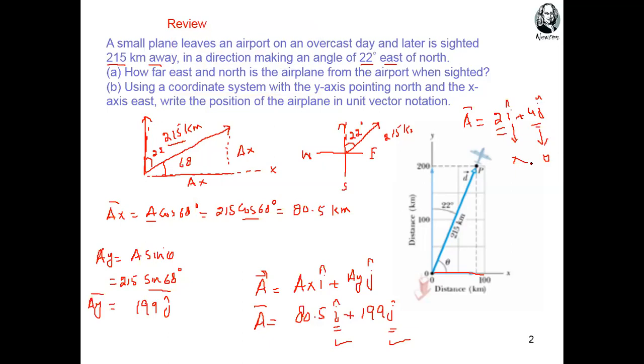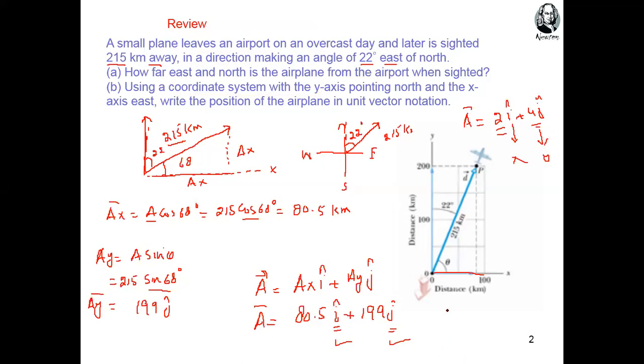Ajmal Wafa, any question? Yes, sir. My question is that the plane actually went around 215 kilometers, but if we add up 80.5 plus 199, it becomes around 275. So how is that different from 215?